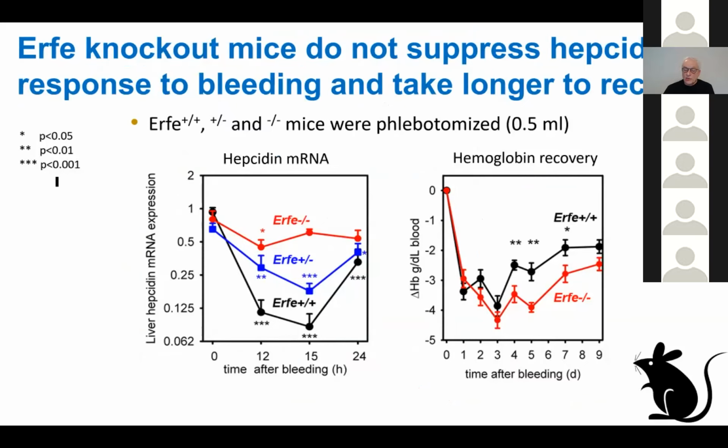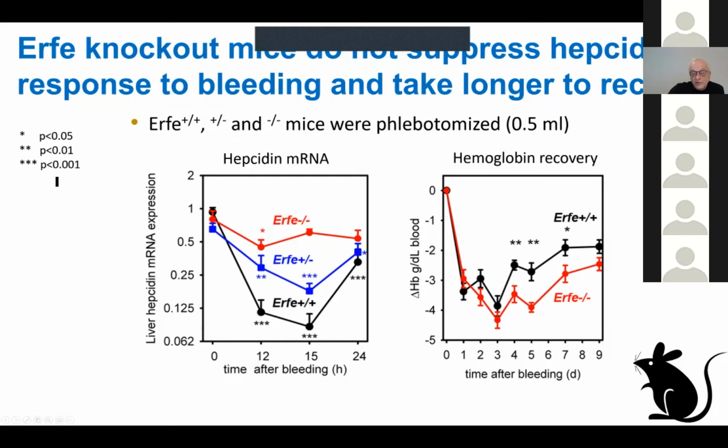There was a mouse that we could purchase, part of the Lexicon collection of knockout mice, in which this gene was actually knocked out. And so we bred homozygote erythroferrone knockouts, heterozygote erythroferrone knockouts in blue, and compared them to their wild-type littermates, and then bled them or gave them erythropoietin, and observed that, as before, the wild-type mice profoundly suppressed hepcidin within 12 to 15 hours.